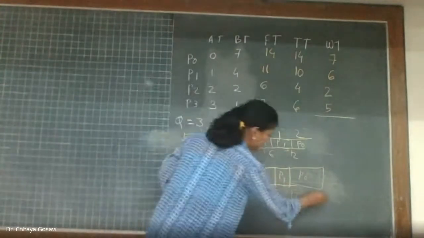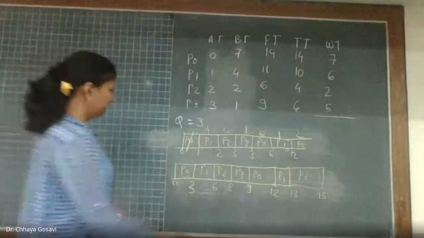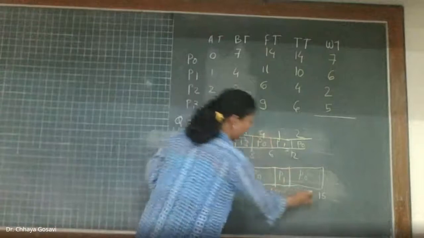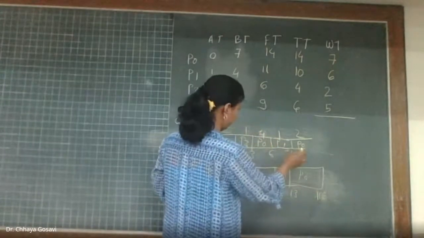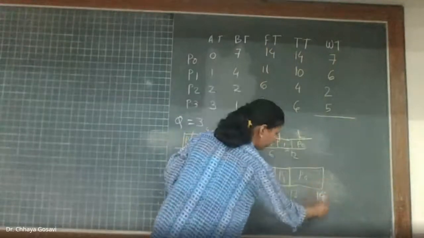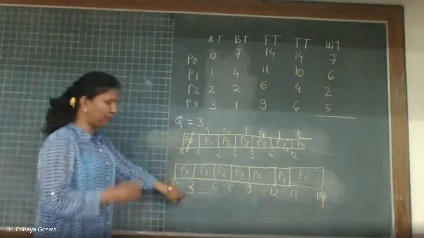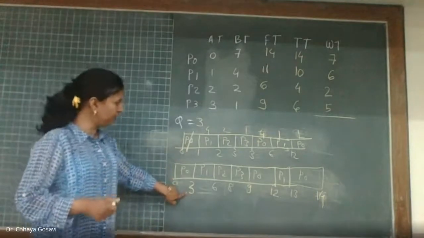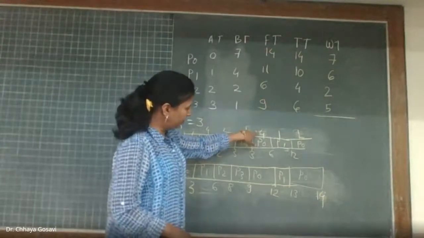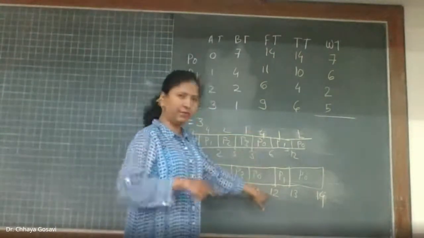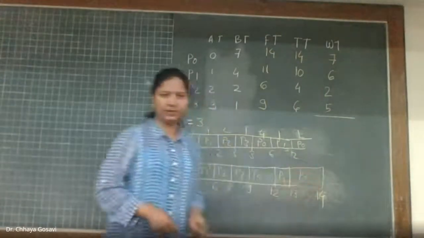Sorry, there should be 4, because it has finished 3, so 7 minus 3, the remaining cycles for P0 is 4. Again, it is scheduled for the second round, 3 cycles, and the remaining 1 cycle after that.